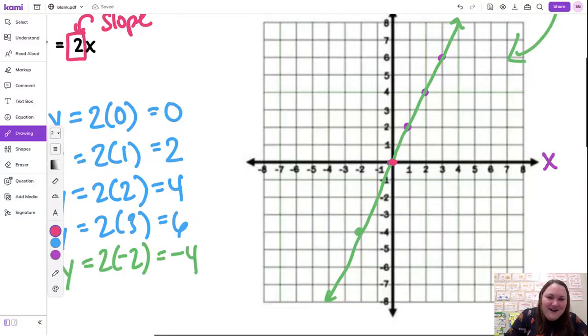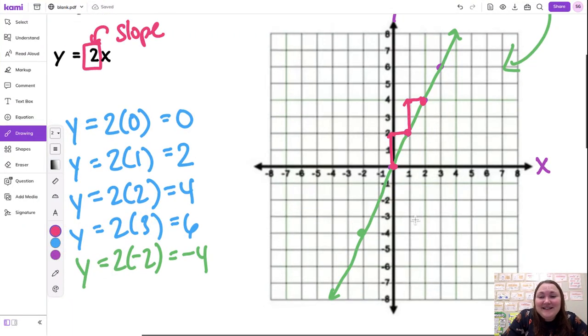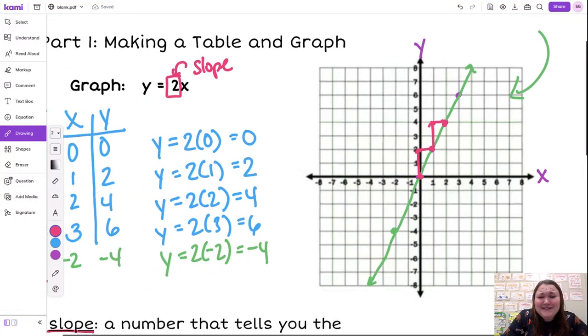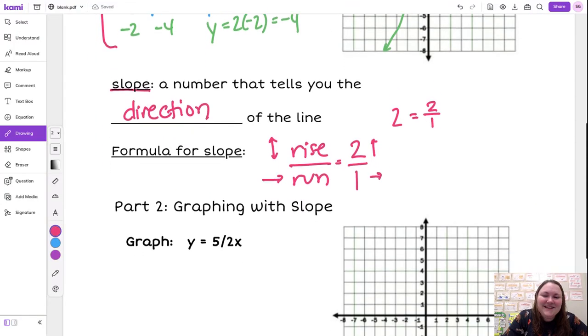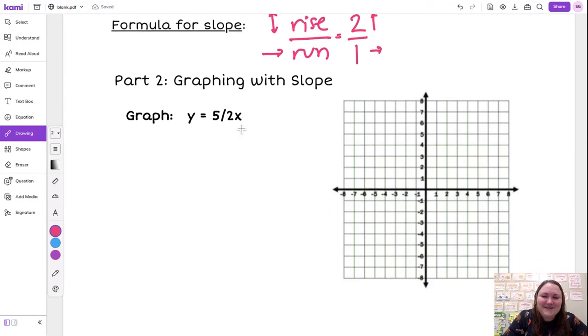And over here on our graph, we are going to rise 2 boxes and run 1. And that's where my next point is. Rise 2 boxes, up 2, run 1, over 1, and there's my next point. By doing that, instead of all of this math we did over here in the table, that's going to save us a lot of time, especially when we have equations with fractions.